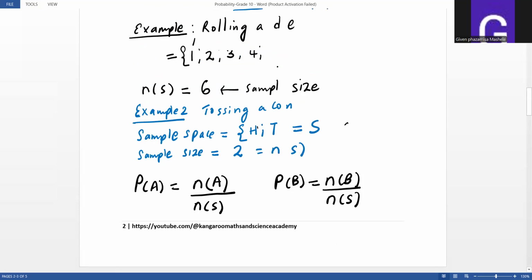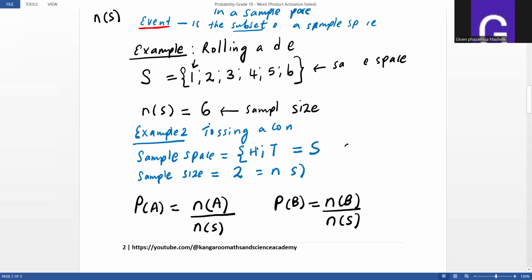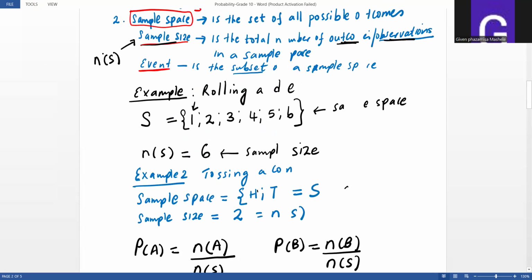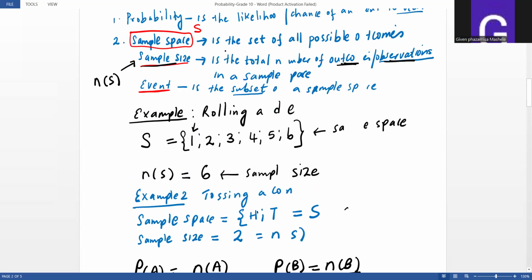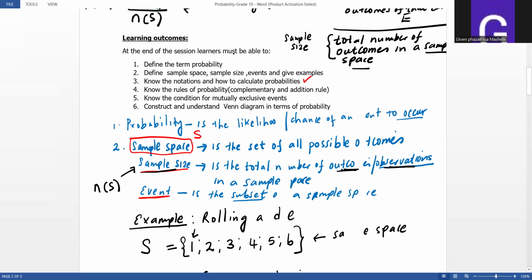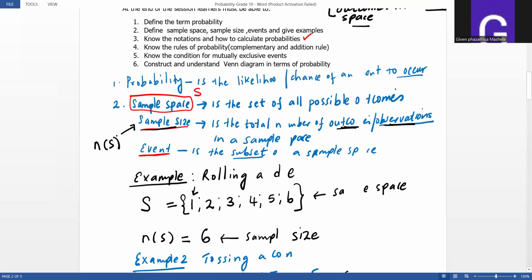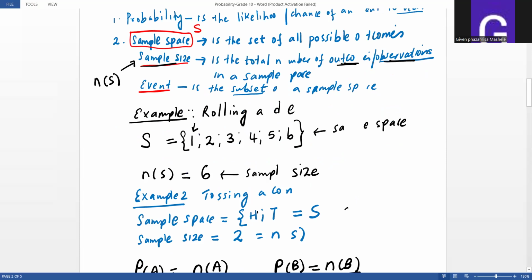Right. Now, I want to take this further, because now we are able to determine probabilities and know how to calculate the probability of an event. Let's go to example number 1, where we spoke about rolling a die.